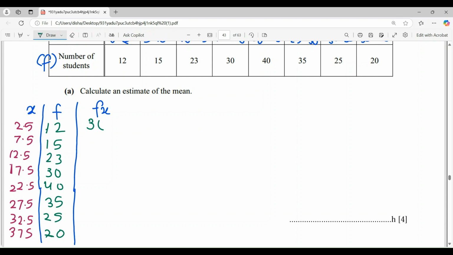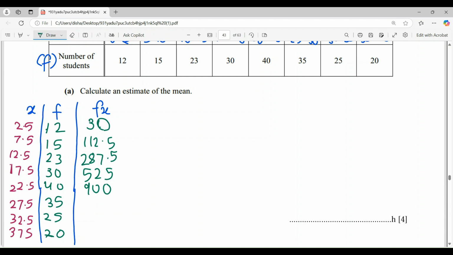15 into 7.5, then we have 12.5 into 23, which is 287.5. 17.5 into 30, 525. 22.5 into 40, which is 900.